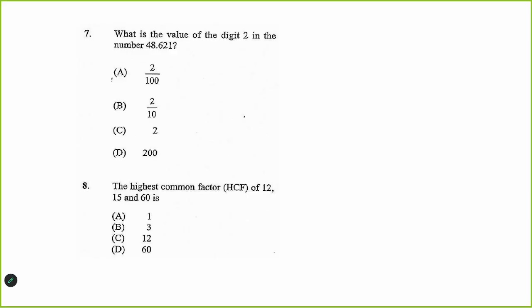Right, this one, value of 2 is 2 over 100, repeated. HCF of 12, 15, and 30. That would be 3. 3 is the largest number that could go into 12, 15, and 30. 12 can't go into 15, and 12 could go into 60, but 60 can't go into 12, so the only logical answer would be 3.